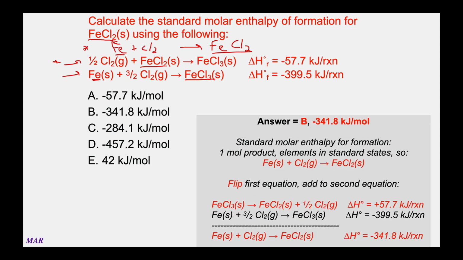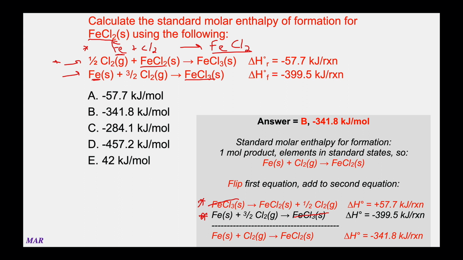And if you do that, you can see that's exactly what happens. I want iron as a reactant, so I'm going to leave that equation alone. But the other equation, I want to flip because I want FeCl2 as a product, not a reactant. When you flip it, the FeCl3 that's a product here will cancel the FeCl3 that's a reactant there when you add these equations together.